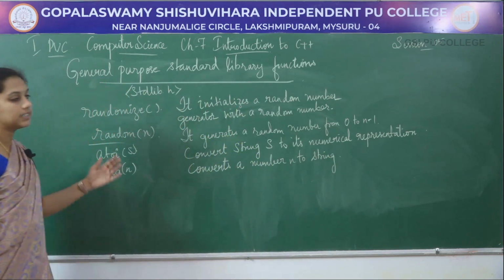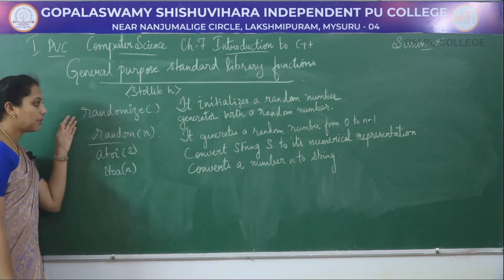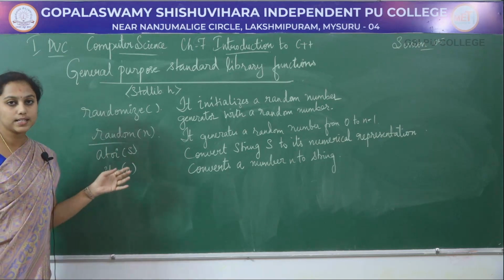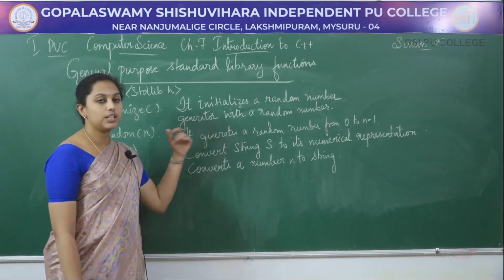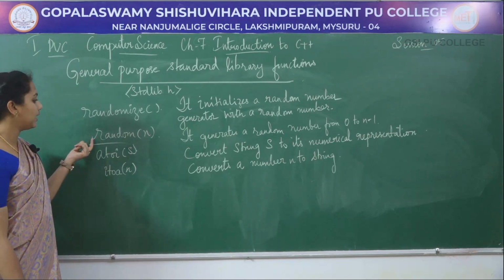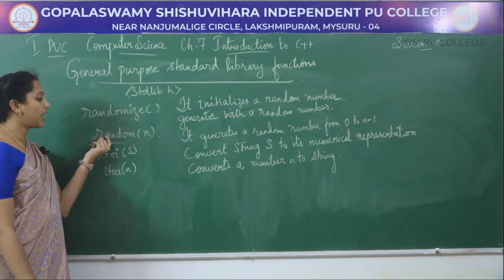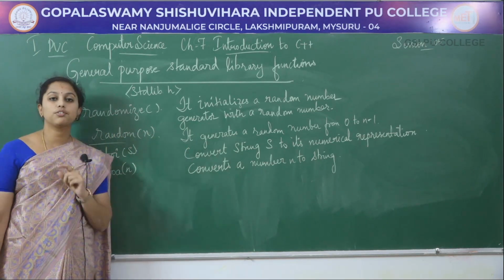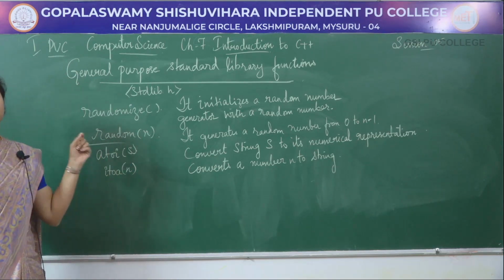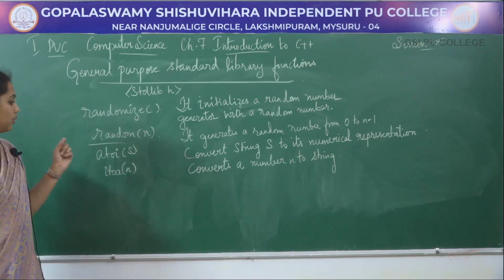So which are all the standard library functions? The randomize function initializes a random number generator with a random number. The random of n function is used to generate a random number from 0 to n-1.